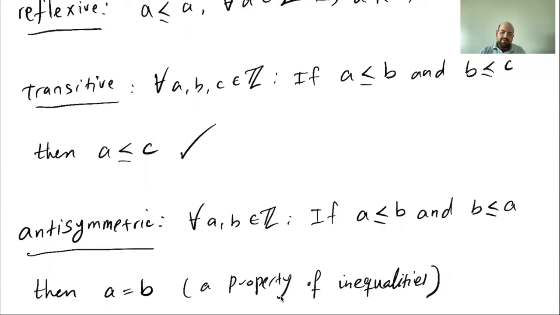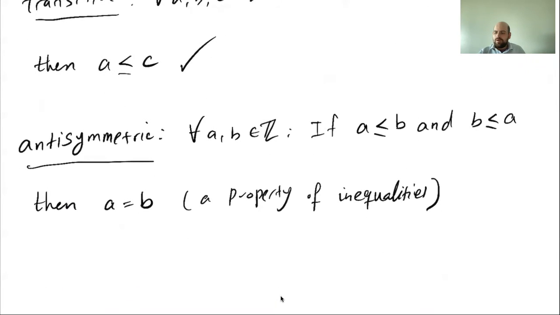That's the meaning of antisymmetric. We provided two definitions for antisymmetric, if you remember. One of them was this, that if A is in relation with B and B is in relation with A, then A and B must be equal. All right, so here we have a partially ordered set.